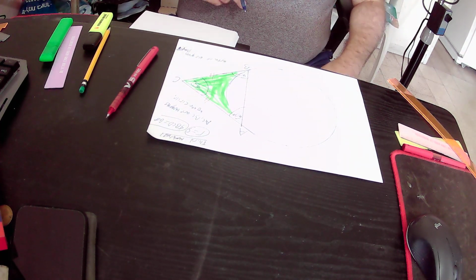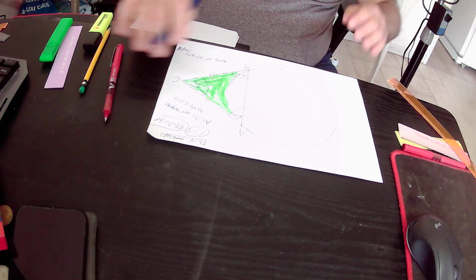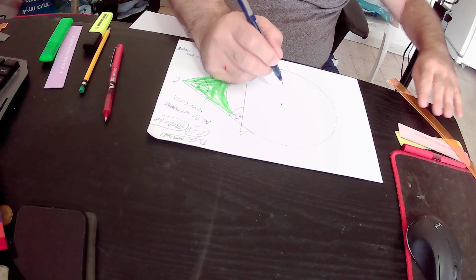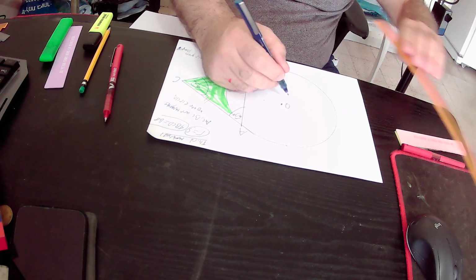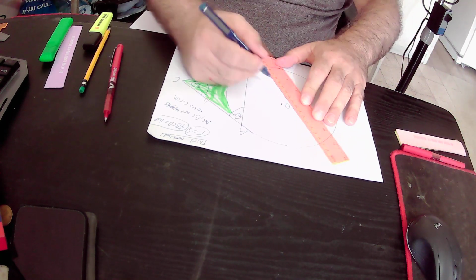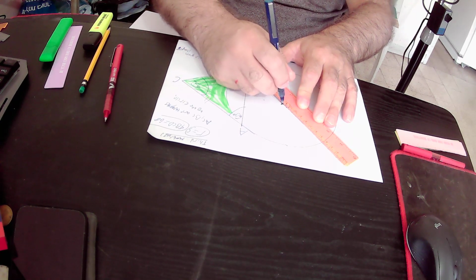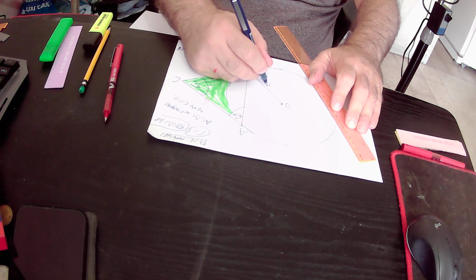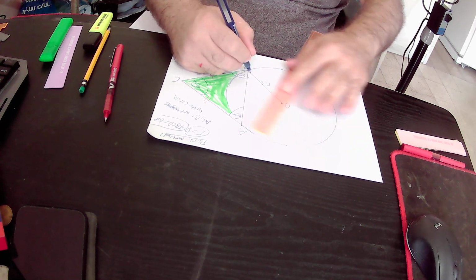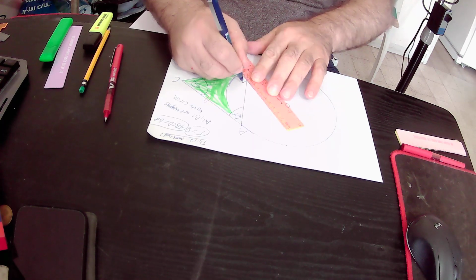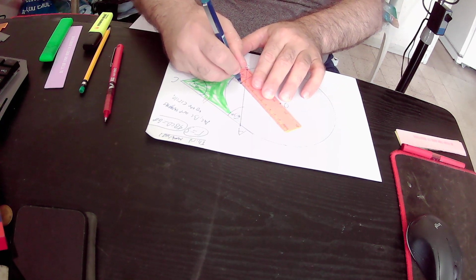We will define the center of this circle as point O, and then we will join together points O and B by a straight line. OB is the radius of this circle that equals 5 units, and this angle is 90 degrees, as I have already proved in the previous methods.